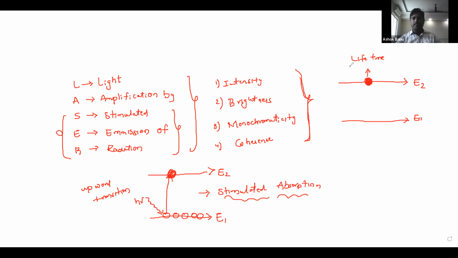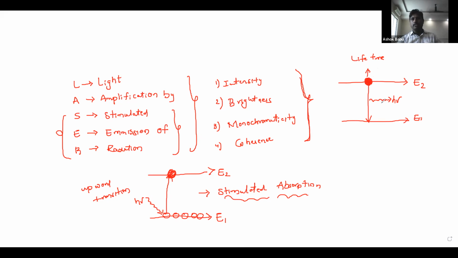So after the lifetime, what will happen? After completion of the lifetime, the atom automatically de-excites to the ground state energy level. In this transition, photon energy h nu is emitted by the atom. The energy absorbed by the atom from the ground state to the excited state is emitted again in the de-excitation process.